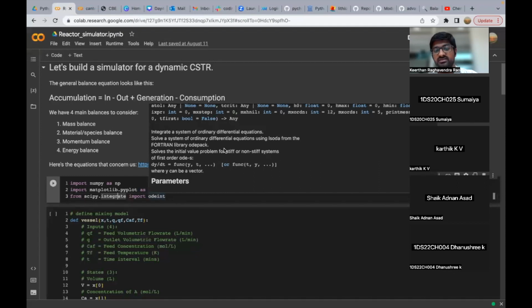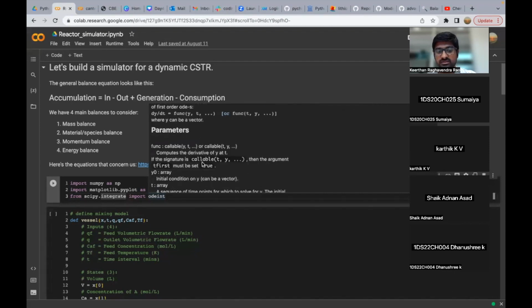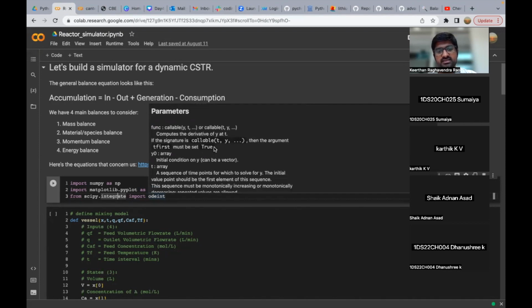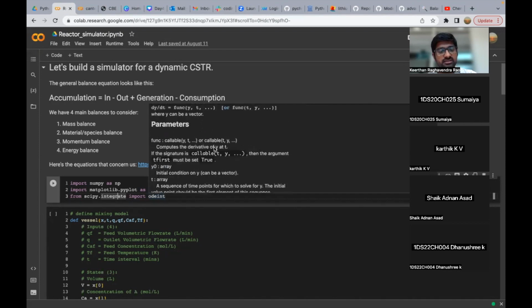A lot of times, normal differential equation solvers will not be able to solve stiff differential equations. So this function can do both, and that's always good to know. You can read about it later on if you're more interested. So that's what this function does.